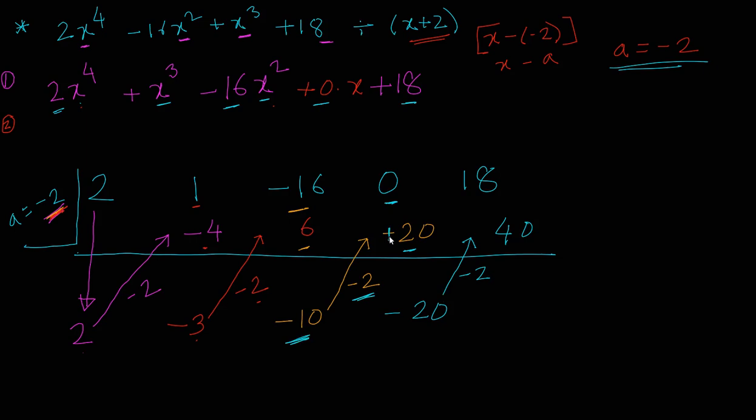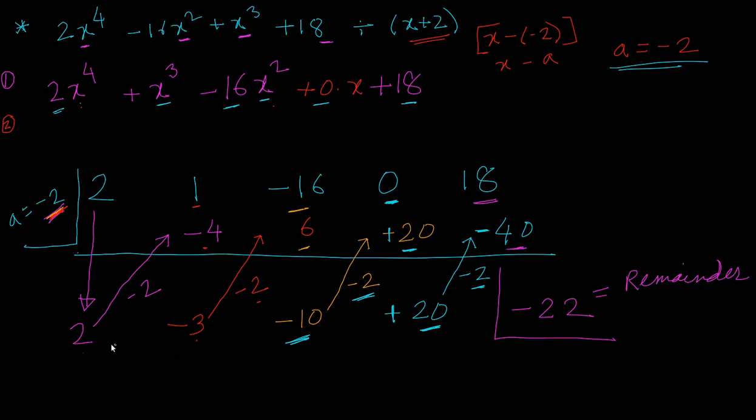I am very sorry. Then 0 plus 20 is positive 20, and positive 20 multiplied by negative 2 is going to be negative 40. All right, now if I add this to positive 18, negative 40 plus 18 is going to be negative 22. Okay, so this is going to be my remainder.